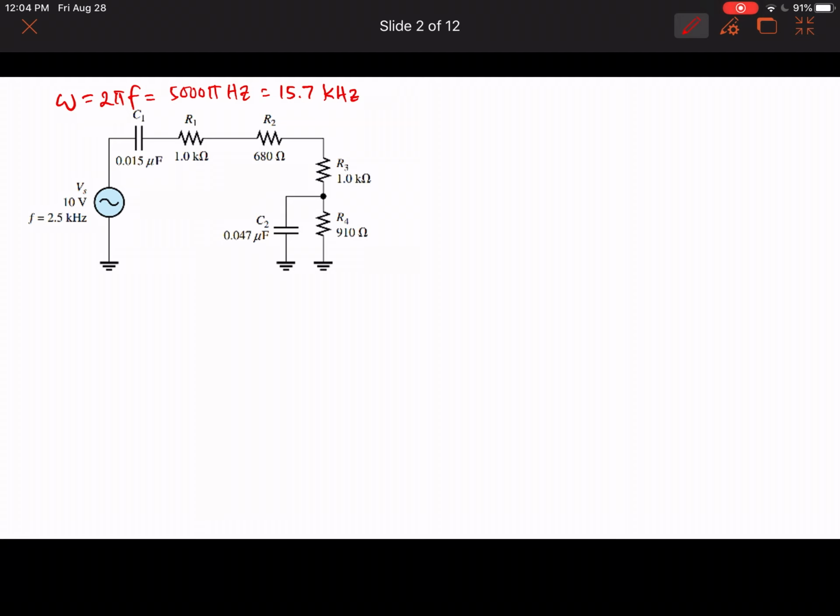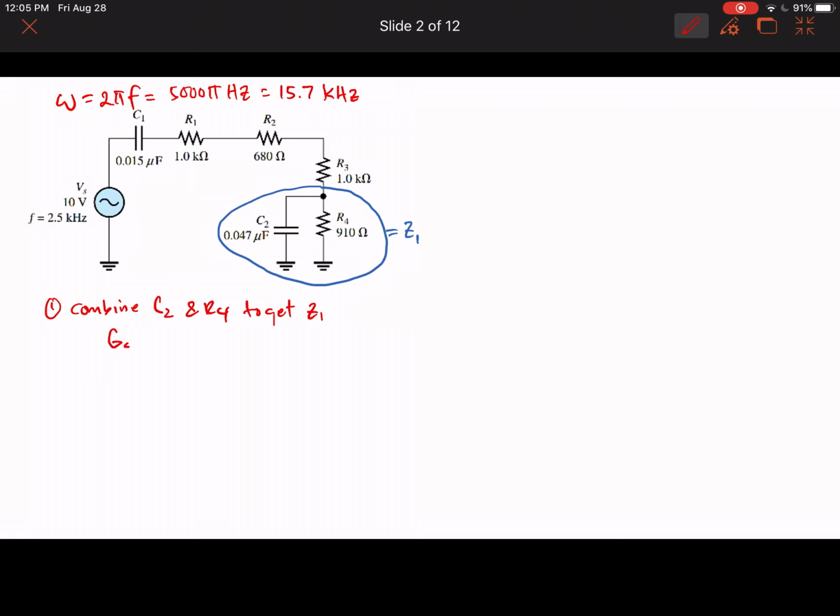Okay, the next step is to combine these two parallel circuits, and what we want to do with that is to get the equivalent impedance, which we will call Z1. So in this case, combine C2 and R4 to get Z1. So to get Z1, we first need to get Y1, but to get Y1, we need to get its components, G4, the conductance, and the capacitive susceptance.